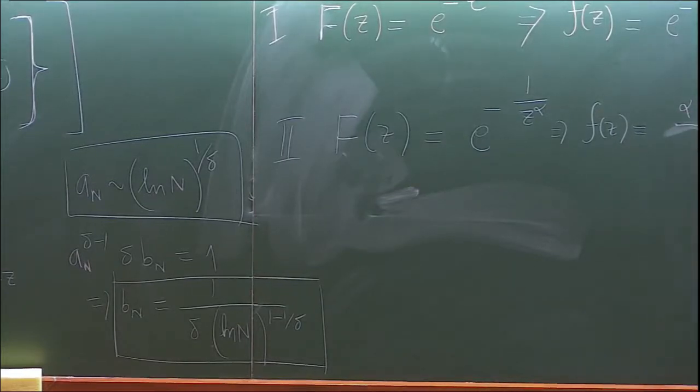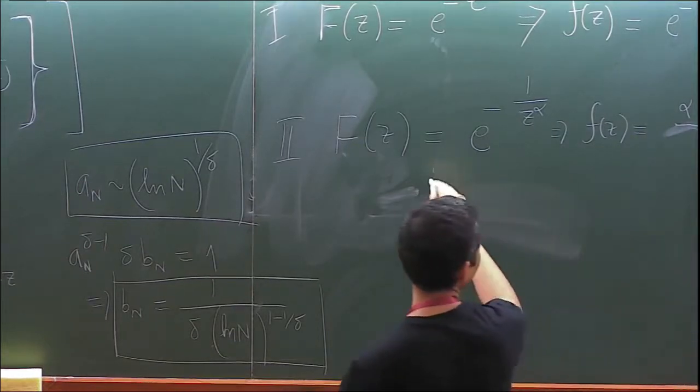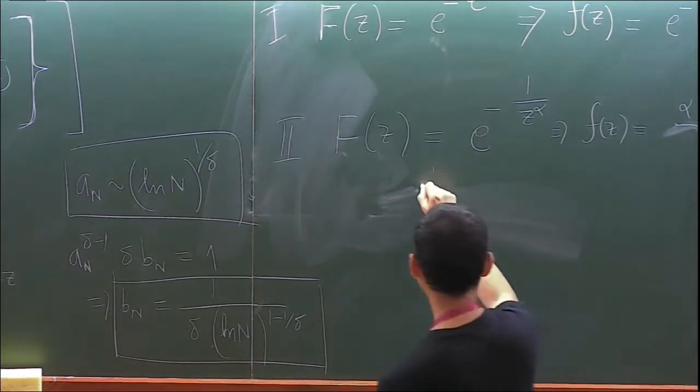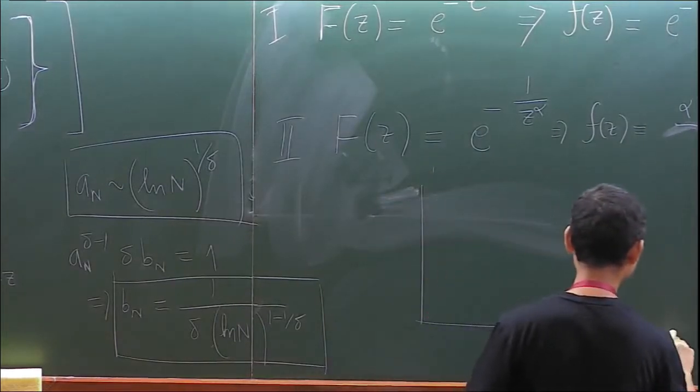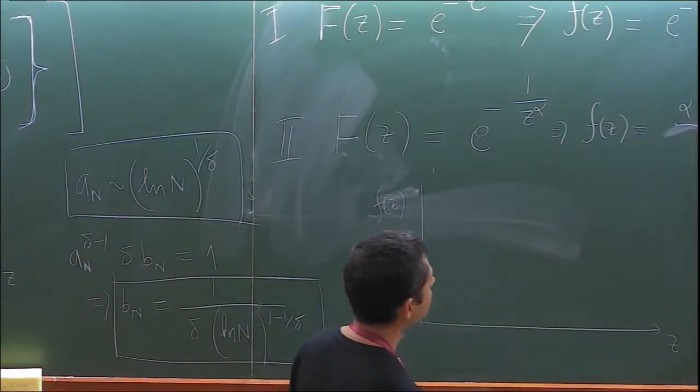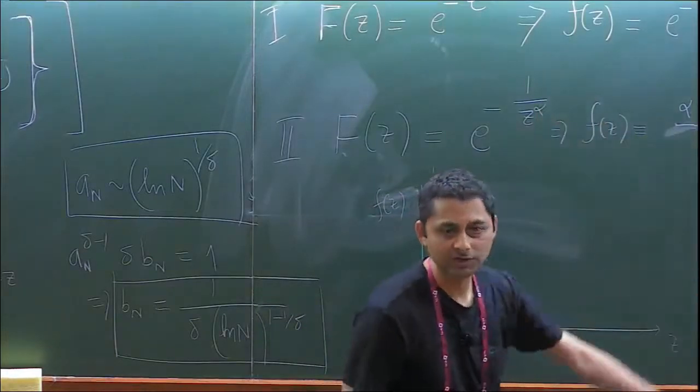Again, one should plot, right? How does this function behave? Let's try to plot this function, for z belongs to 0 to infinity. How does this function behave for very large z?